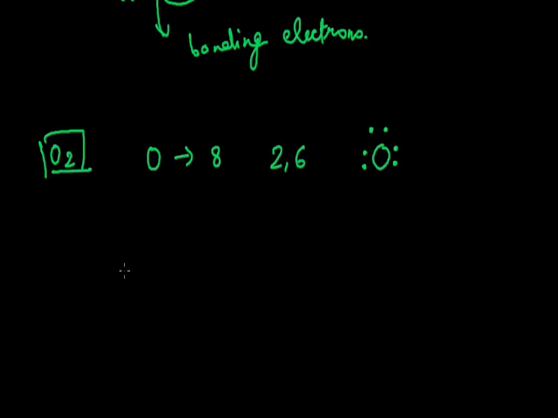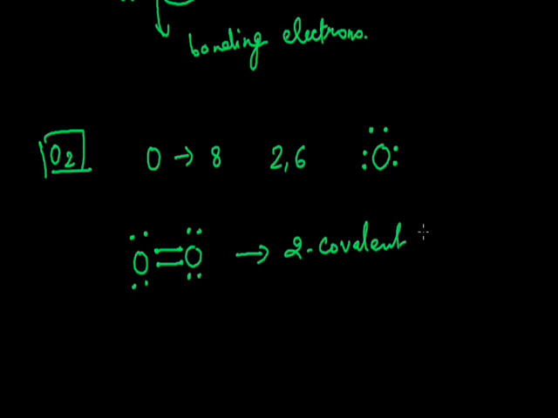Now when two oxygen atoms come close to each other, they try to complete their octet by the sharing of electrons, and this time 4 electrons are taking participation in the bond formation. That means two covalent bonds are formed.